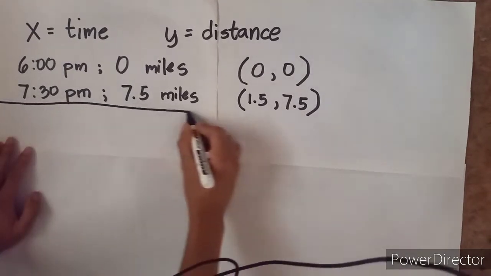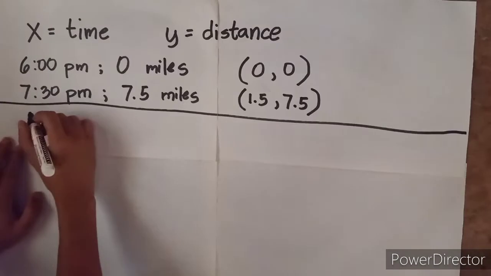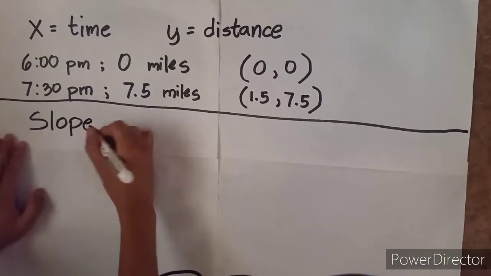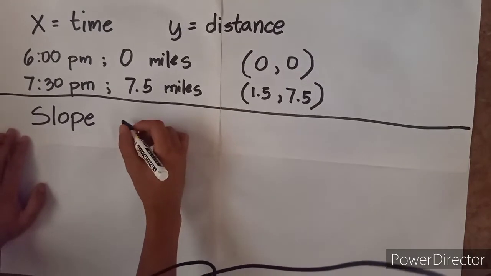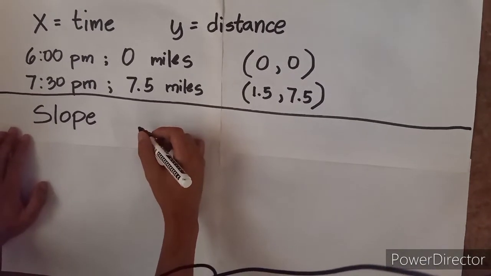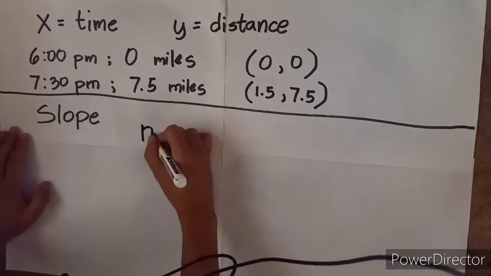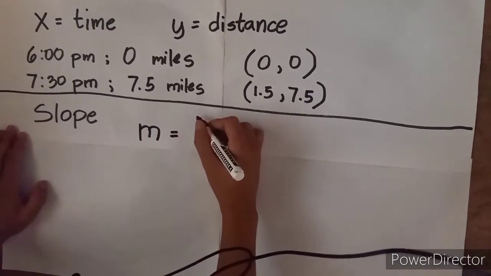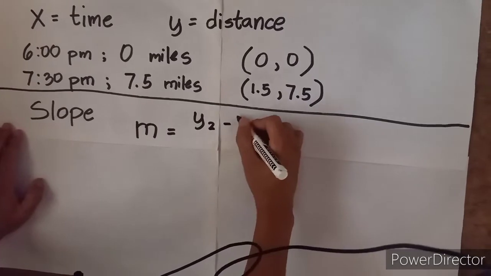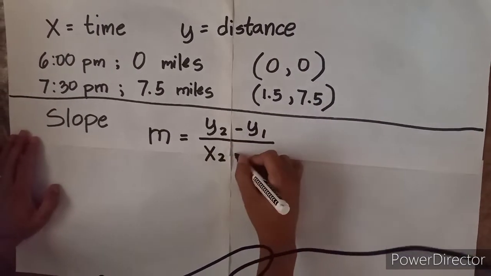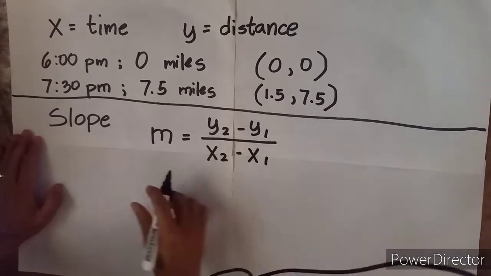So the slope m is given by the formula m equals y sub 2 minus y sub 1 over x sub 2 minus x sub 1. Now, let's substitute the values.